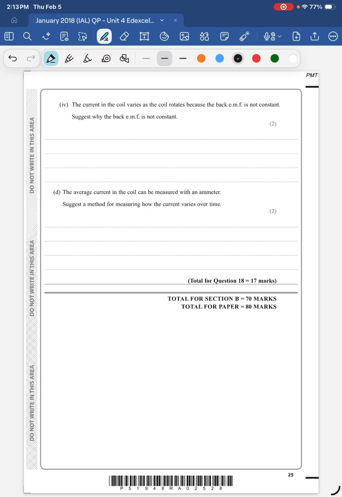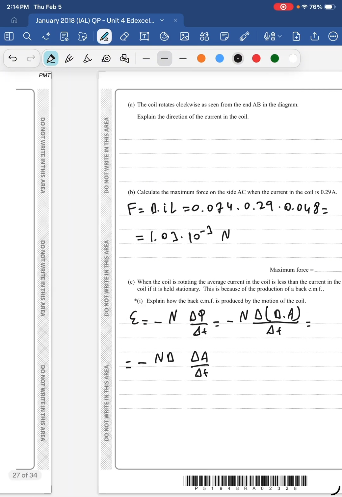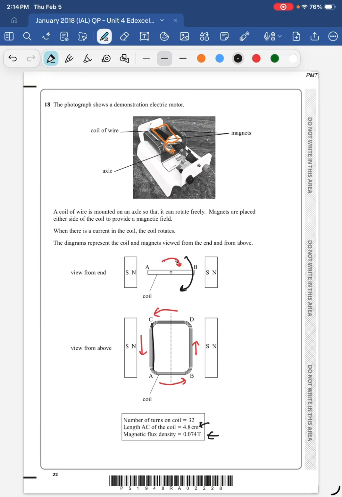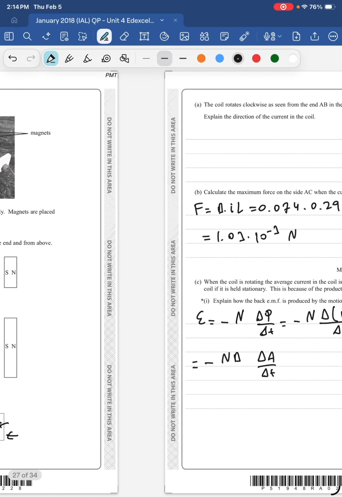Part 4. The current in the coil varies as the coil rotates because the back EMF is not constant. Suggest why the back EMF is not constant. So the reason is that if you go back to this arrangement and see it closely, the coil at some points exits the two magnets, so it's outside the field.